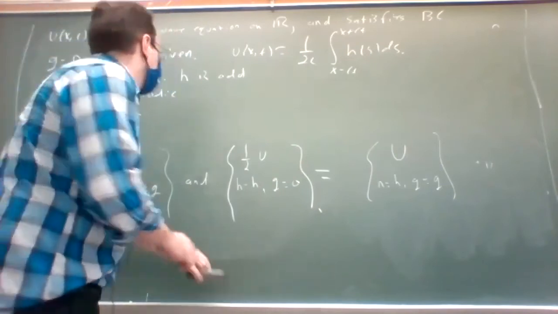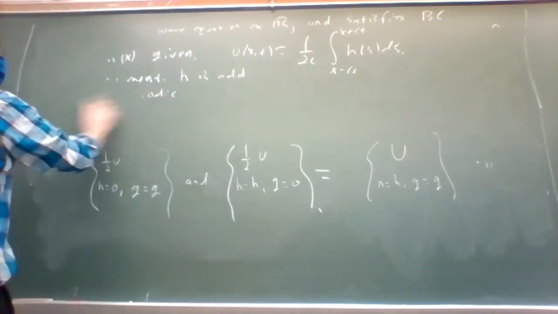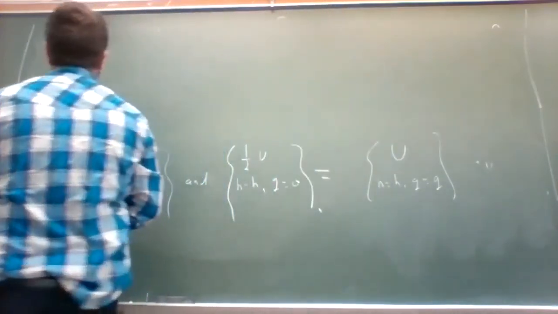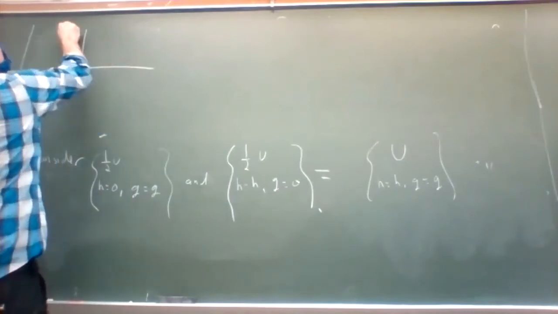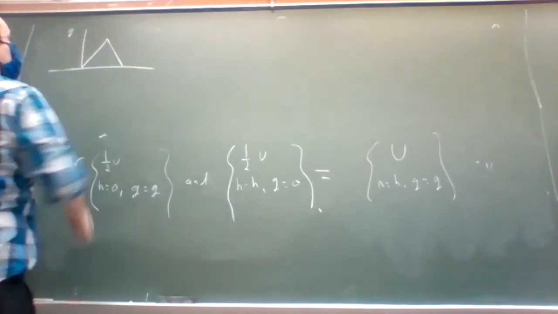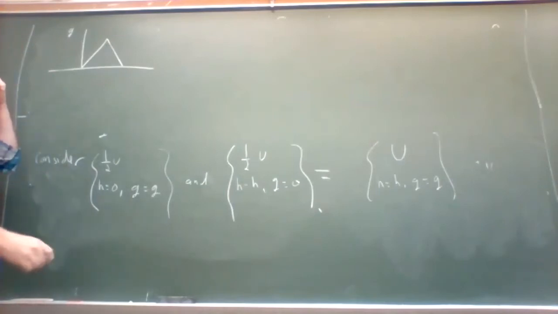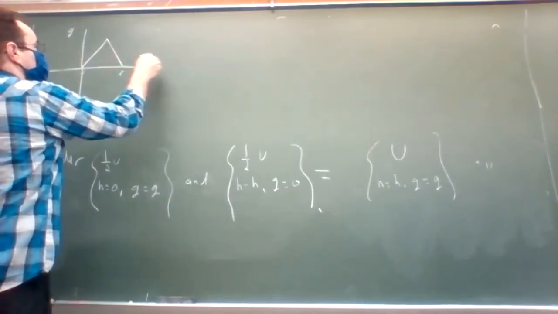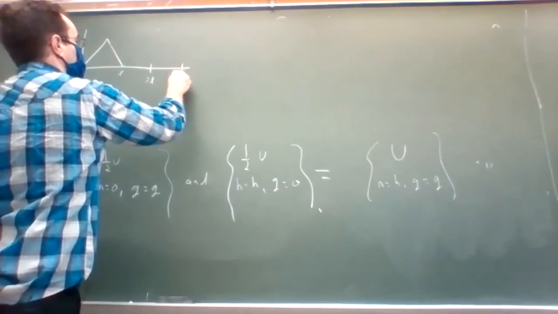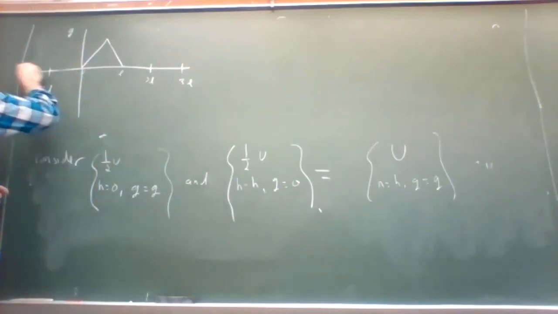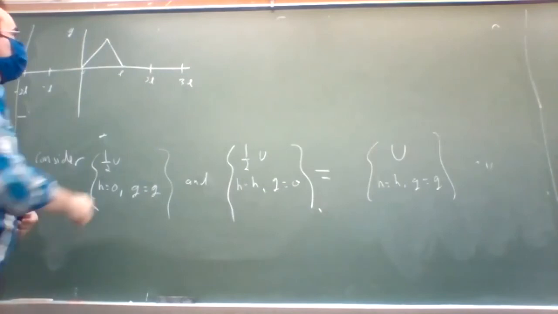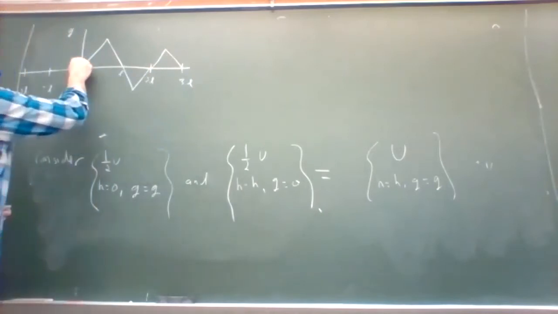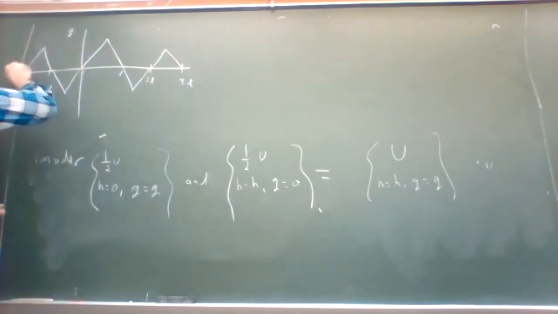So if you want to go back and look at this initial condition I drew before, and now if you want to draw the odd extension, it looks like, let's take L, 2L, 3L, and so on and so forth.